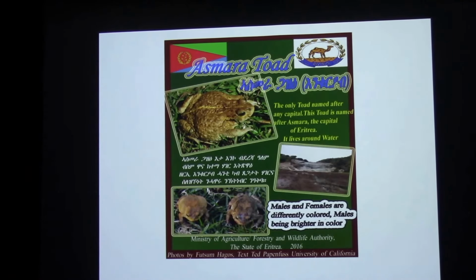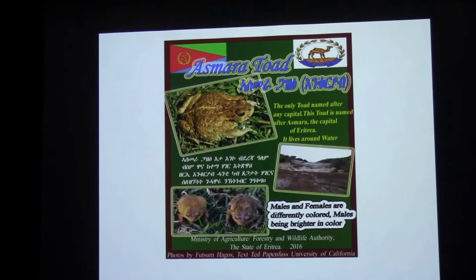Eventually there'll be one of these posters hanging in every school in the country. And it's a very simple poster in English and Tigrinya, and they're very proud of the fact that it's the only toad in the world that is named after the capital of a country. The scientific name is asmarae. It was originally called Bufo asmarae, and they're very pretty.